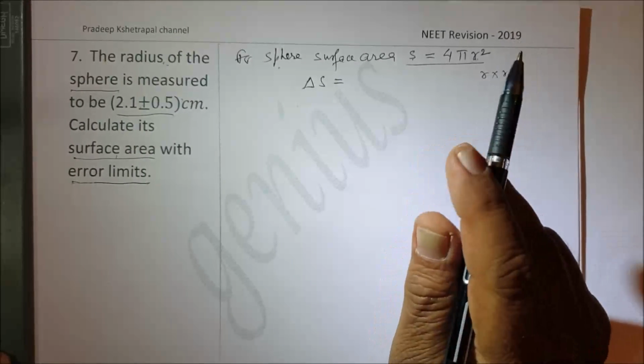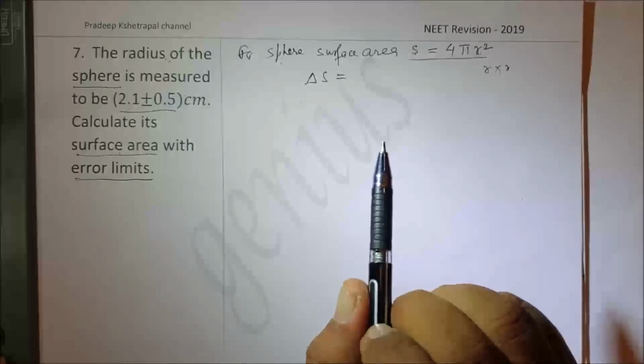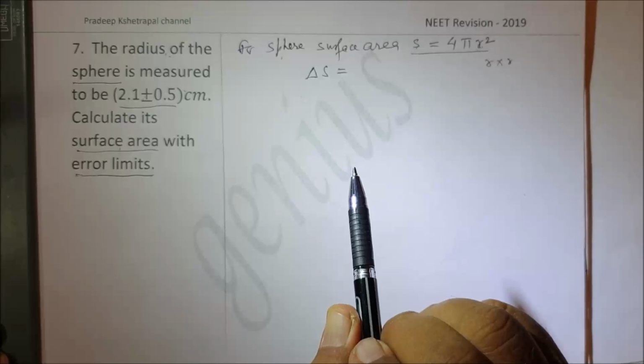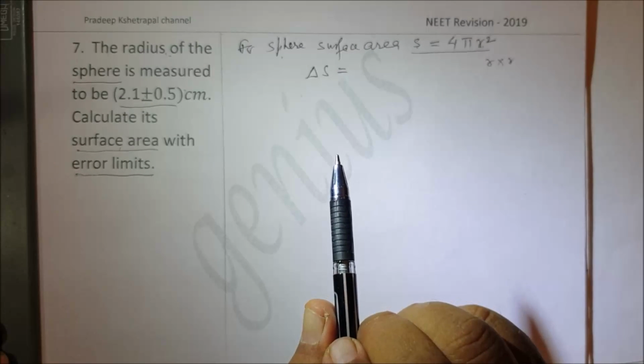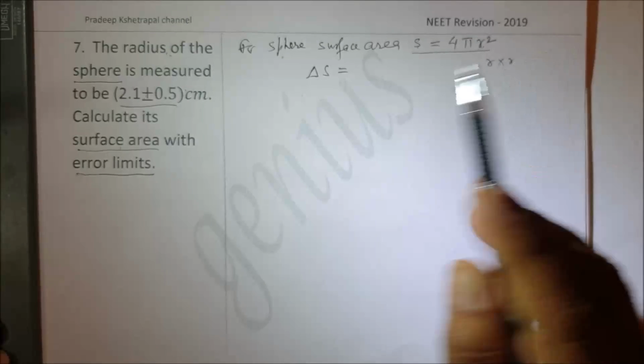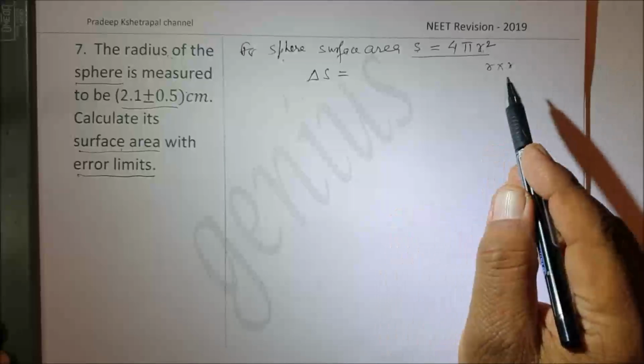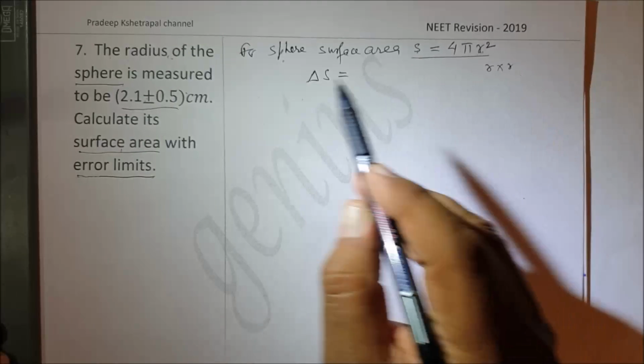Remember, in addition operations, if it is r plus r, then the absolute errors are simply added. But if there is multiplication, then relative errors are added. Errors are added in both cases, but in this case, relative error. So what do we get?